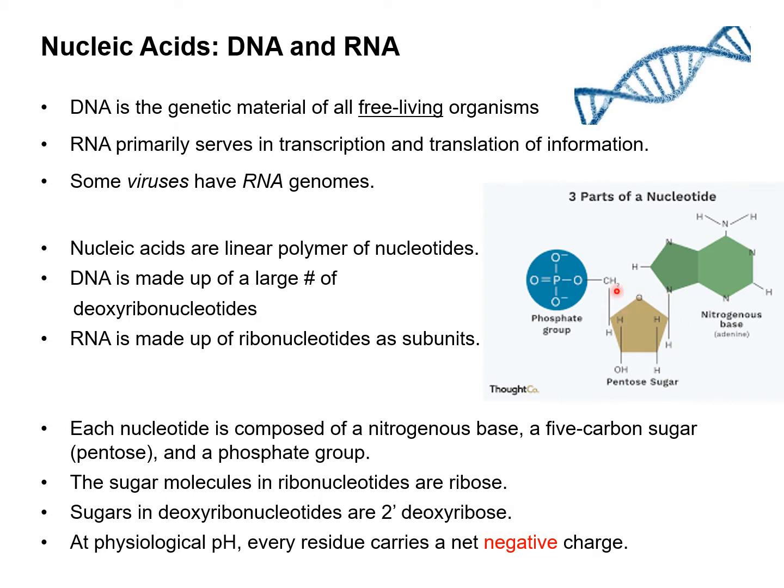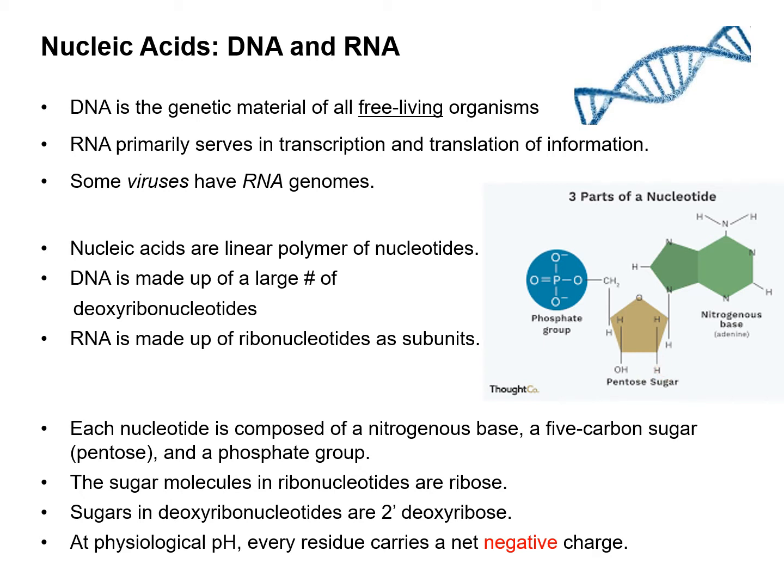And the sugar molecule in ribonucleotides, which is a building block for RNA, is ribose. And it is basically the same as this structure, with a hydroxyl group, OH, in here.